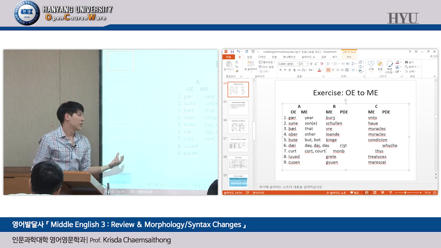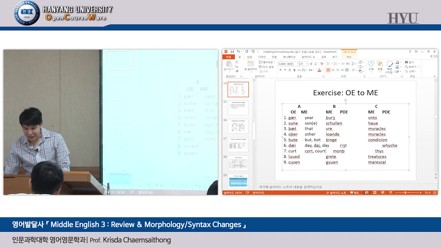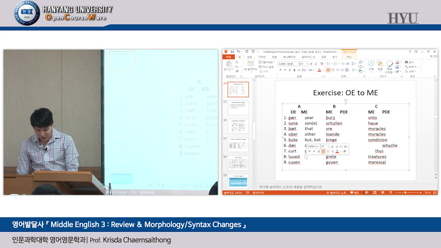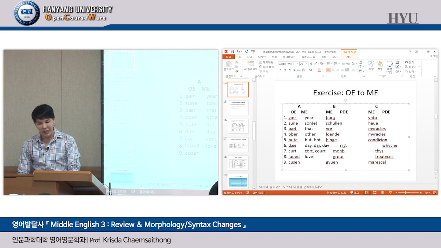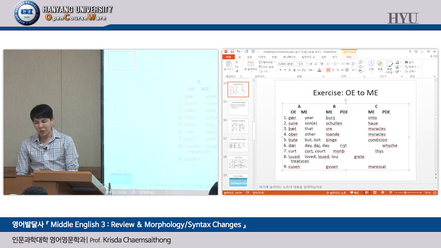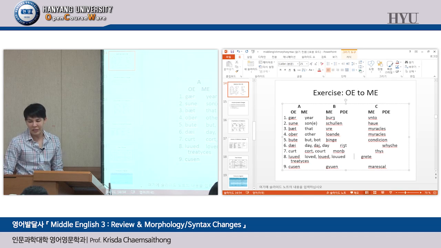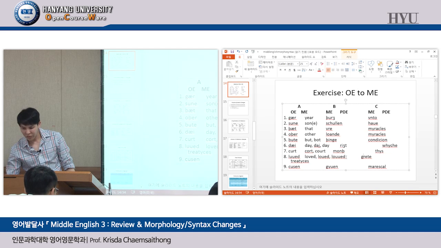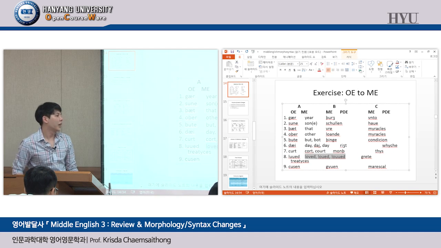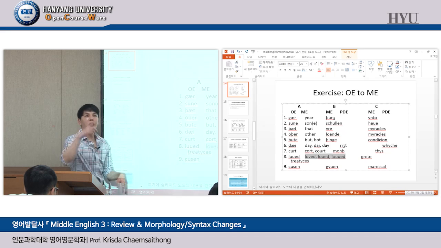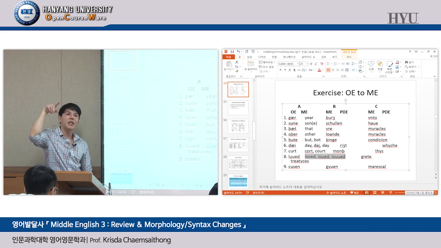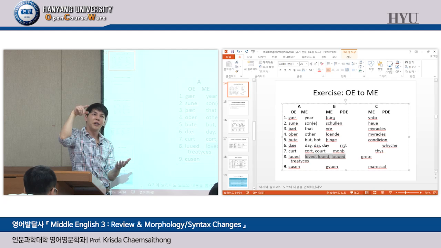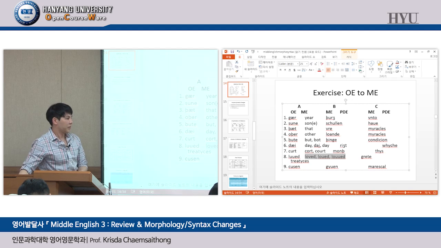So in Middle English, as you know, it could be LOVED, LOUED, LOUUED. So it could be many things. Because the U or the V could be W, WV.